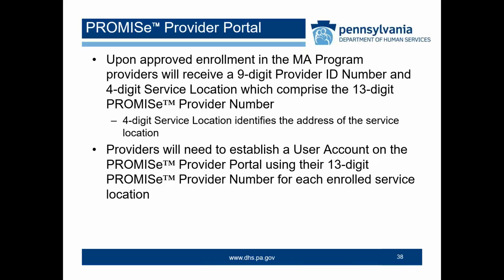Now that 4-digit service location identifies the address of the service location that the provider is working at. Providers are going to need to establish a user account on the PROMISe provider portal using that 13-digit provider number. And if you have multiple service locations that you have enrolled, you will need to establish a user account for each of your enrolled service locations.